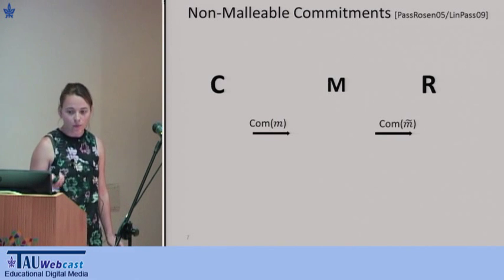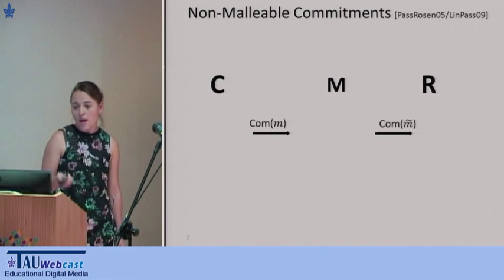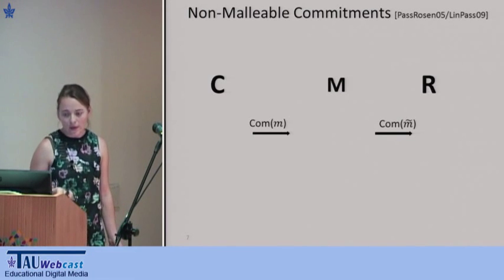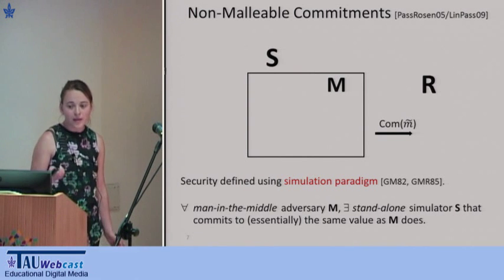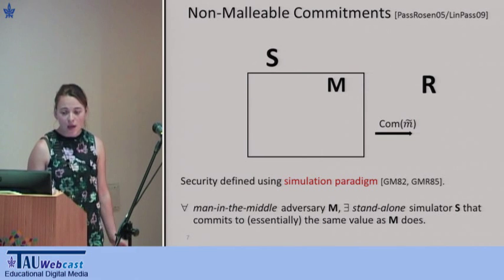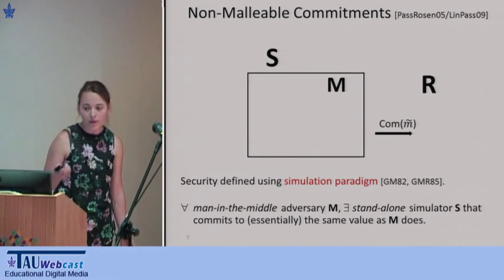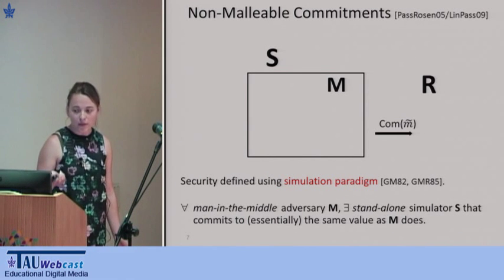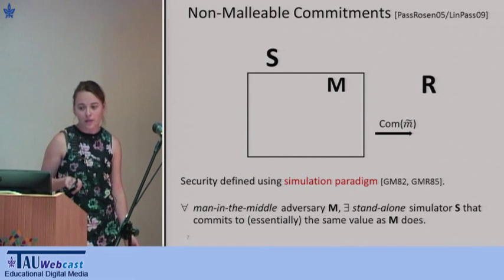In the real execution, we have, as before, the man in the middle that receives a commitment on the left and commits to some value on the right. In the ideal execution, we have a simulator that has no left interaction and only commits on the right. What we want to guarantee is that for any man in the middle, there exists a simulator that commits essentially to the same value as the man in the middle.